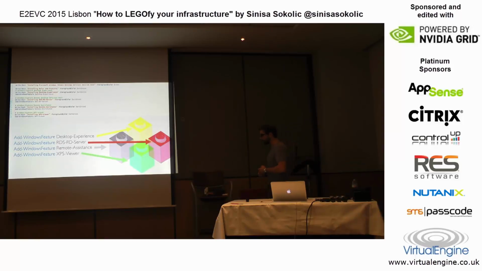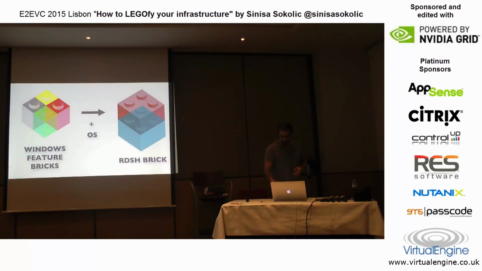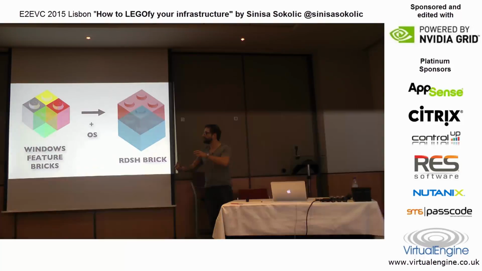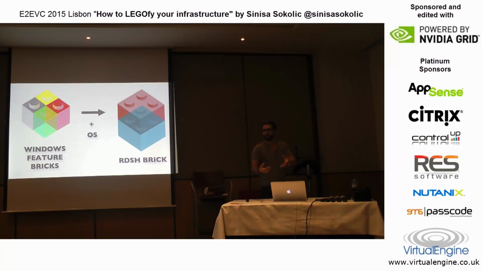If you look at an RDSH server, for example, with XPS viewer in that case, you could create from these small bricks a bigger brick that you can put on your infrastructure components, so like you play Lego, you take the bricks you have and start building new things.